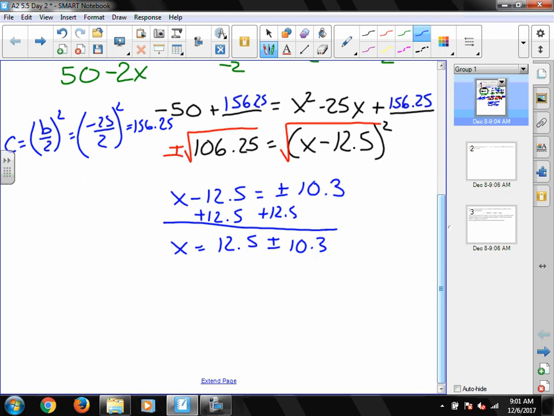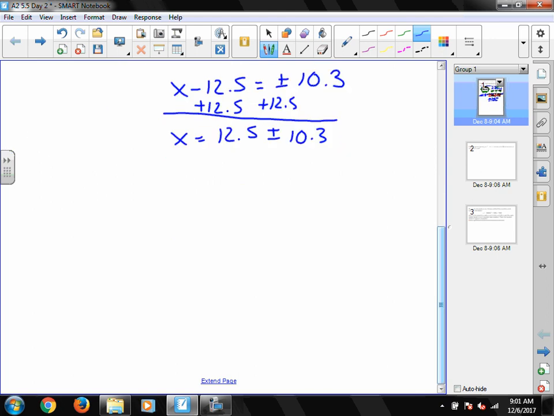Now, since I've got numbers that I can work with, I'm going to take 12.5 plus 10.3 and 12.5 minus 10.3. When I take 12.5 plus 10.3, I'm going to get 22.8. And when I subtract 10.3, I'm going to get 2.2.